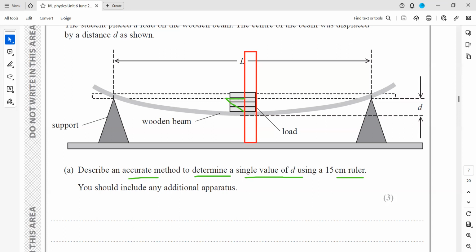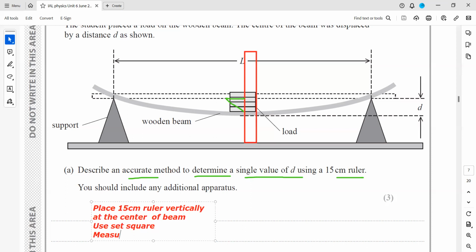The 15 centimeter ruler should be placed vertically at the center of the beam. Use the set square.